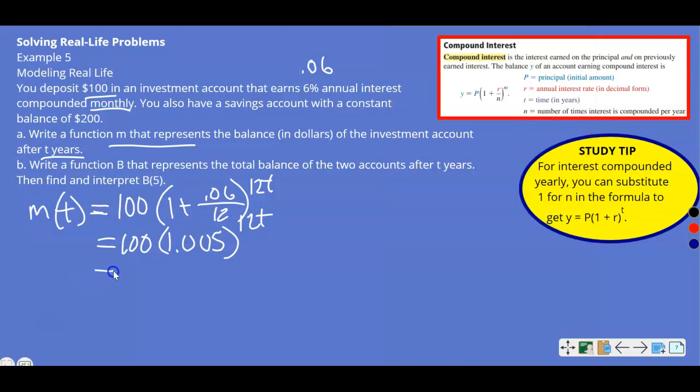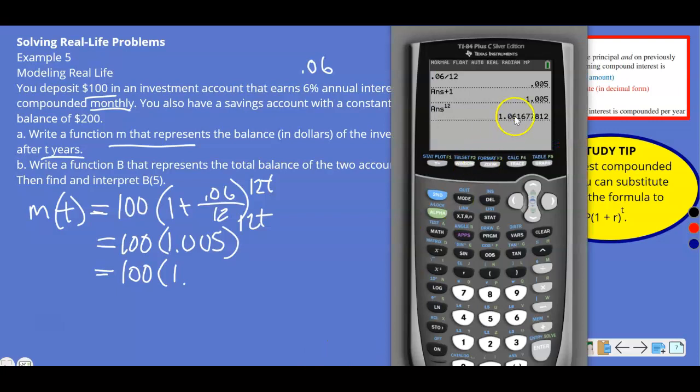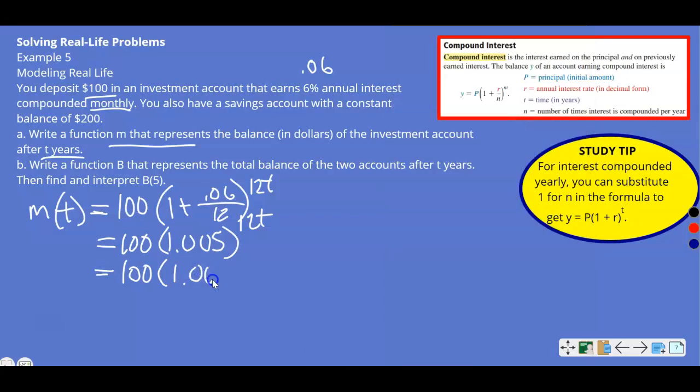So let's write it down. So 100 times 1.06, and that would be to the t power. All right, so that is my function that I'm working with. And then I need to see if I answered the question.